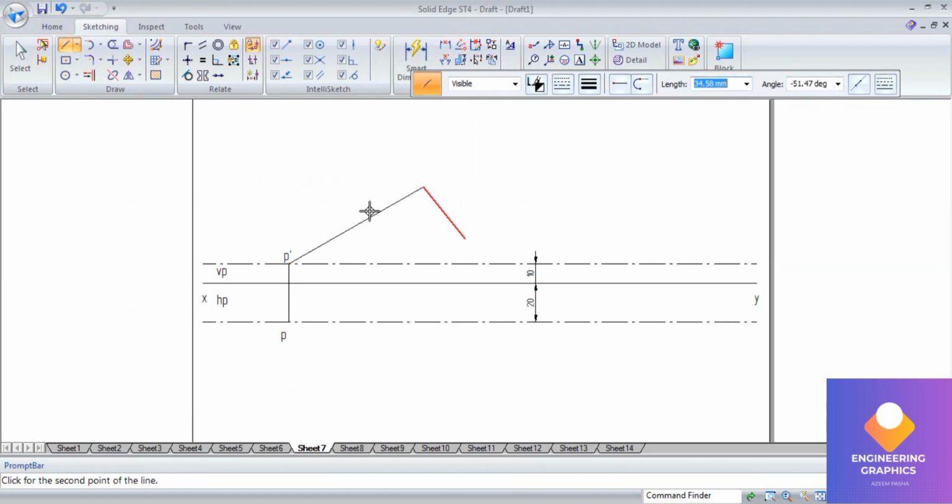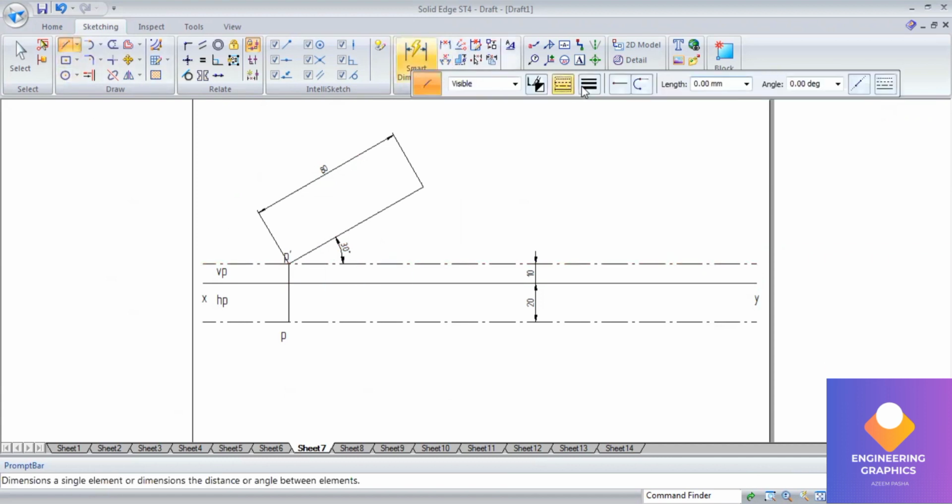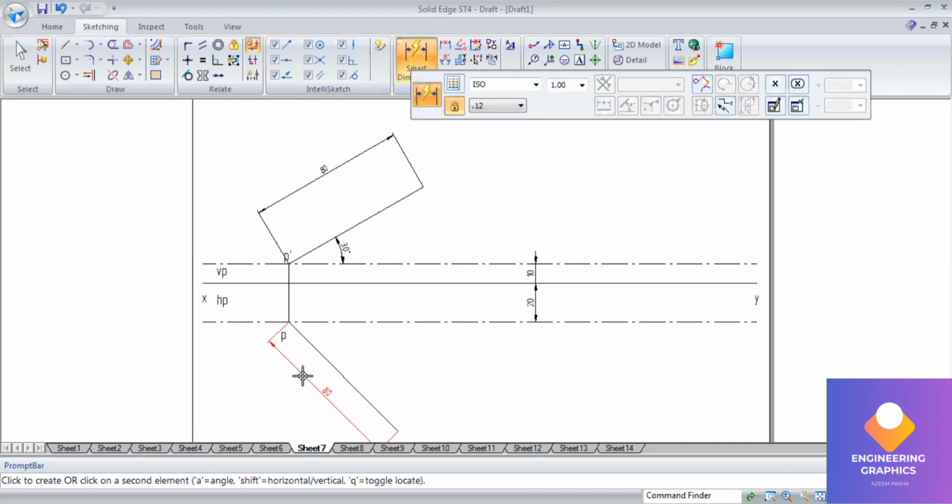Okay, I will measure both length and angle. In the same way, below the XY line, length will be 80 mm and angle will be minus 45 degree. Now with respect to these end lines, find out the length and the angle here.